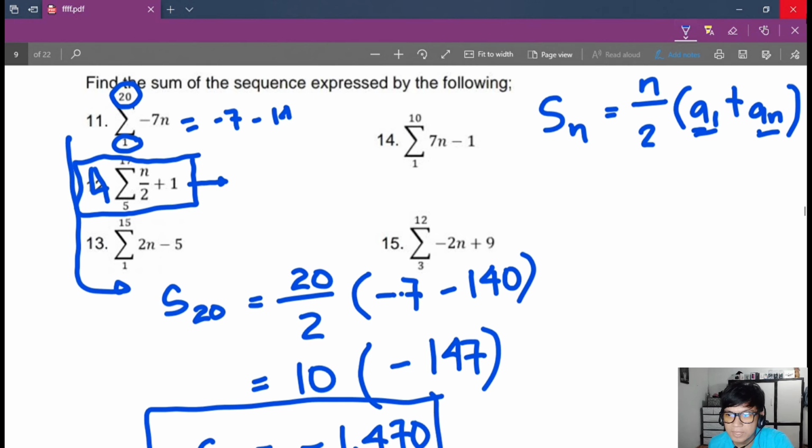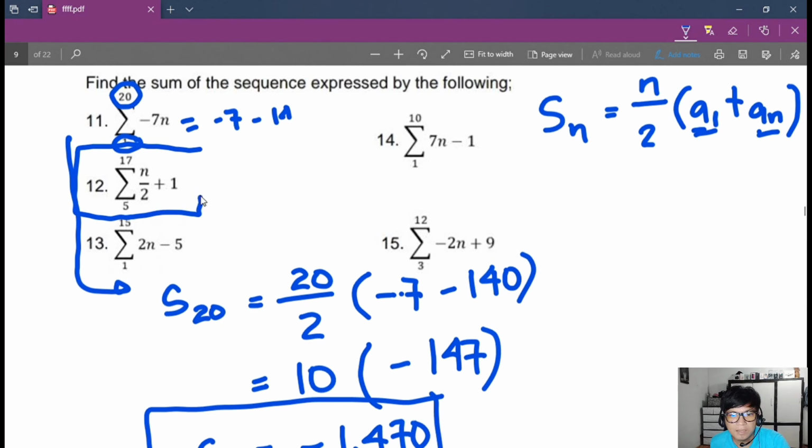Ay, teka muna. Parang hindi makita. Erase natin. Yan. So this one is your 4th item for your activity number 4.